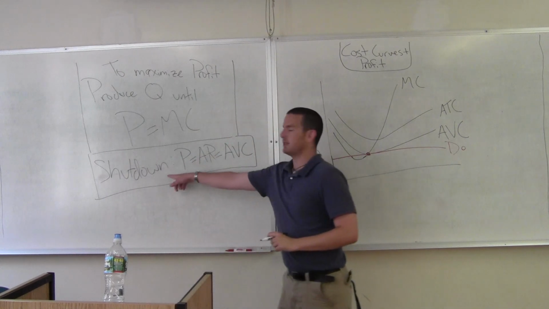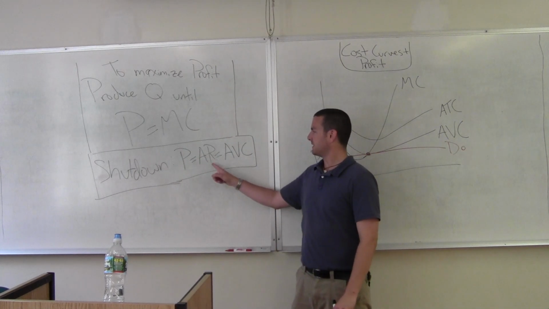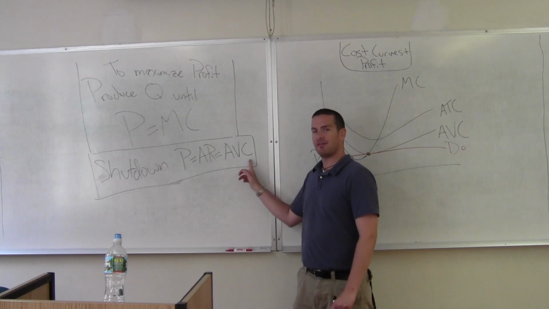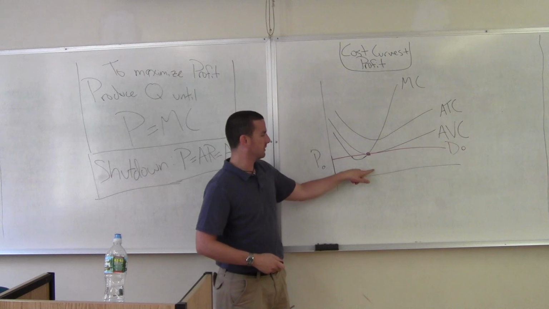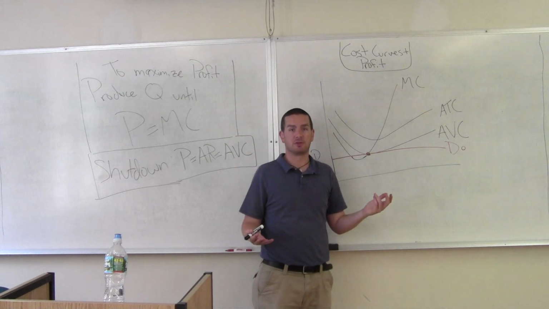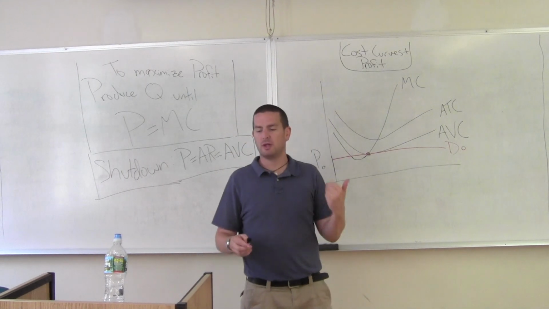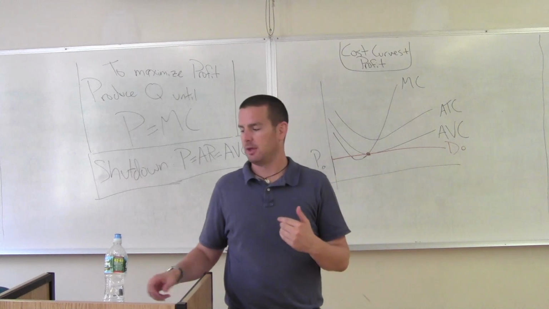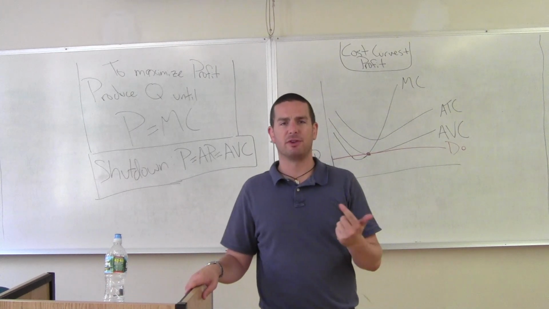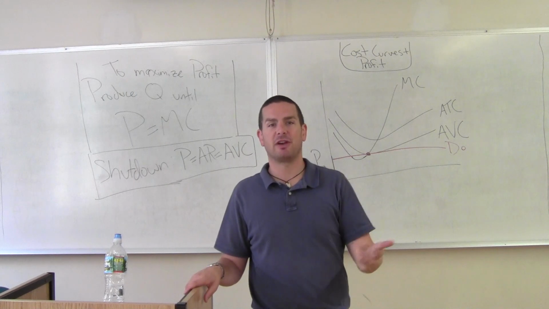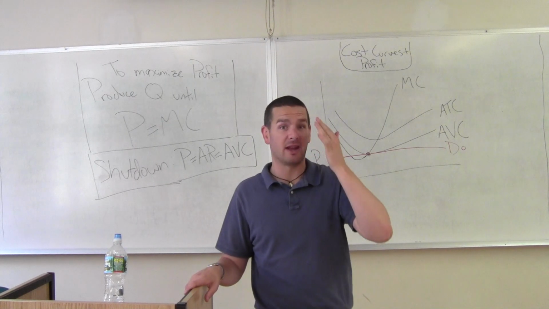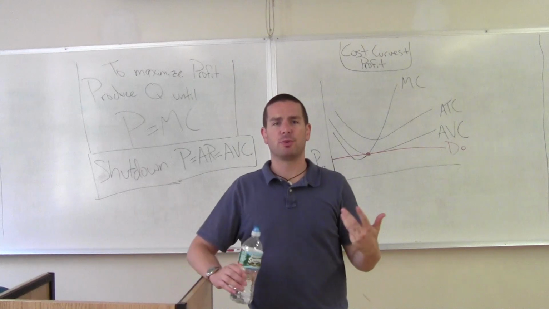The shutdown point is where price is equal to average revenue, which is equal to average variable cost. Anything below this, it doesn't make sense to produce. You will start producing when the price, which is equal to average revenue, is equal to average variable cost. Why would you produce then?